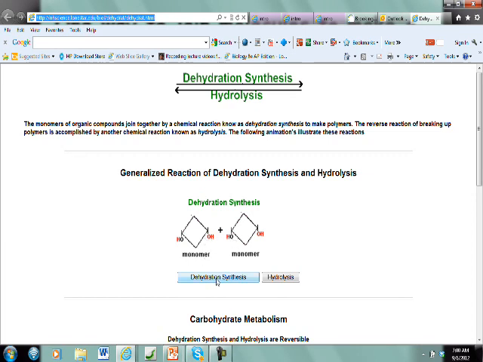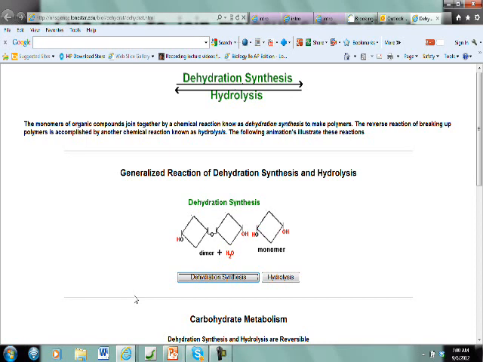And so if I want to join them together, all I have to do is take the H from one molecule and the OH from the other and remove the water molecule, and then when those atoms get removed, it kind of leaves a sticky end that can join those two molecules together. Let's watch that again. Take the H from one side and the OH, and I'm removing a water, and it causes a bond to form. I'm joining these molecules together by pulling out H2O, a water molecule.